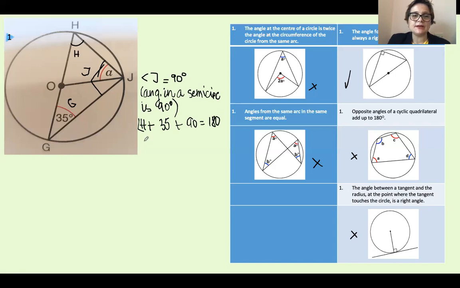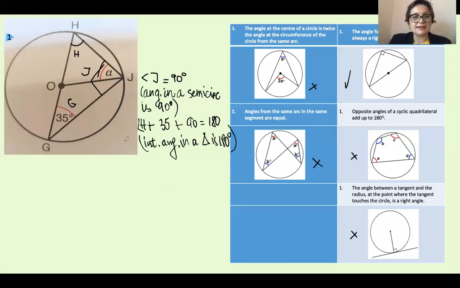And this is from interior angles in a triangle. The sum of the angles in a triangle is 180 degrees. Close the bracket. Reasoning is key when you solve problems in geometry.